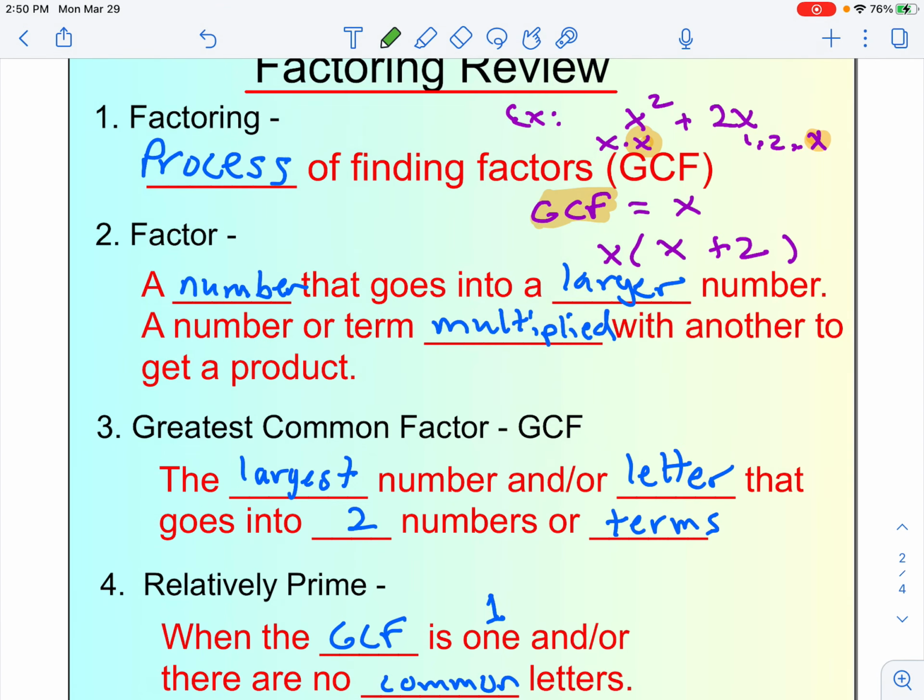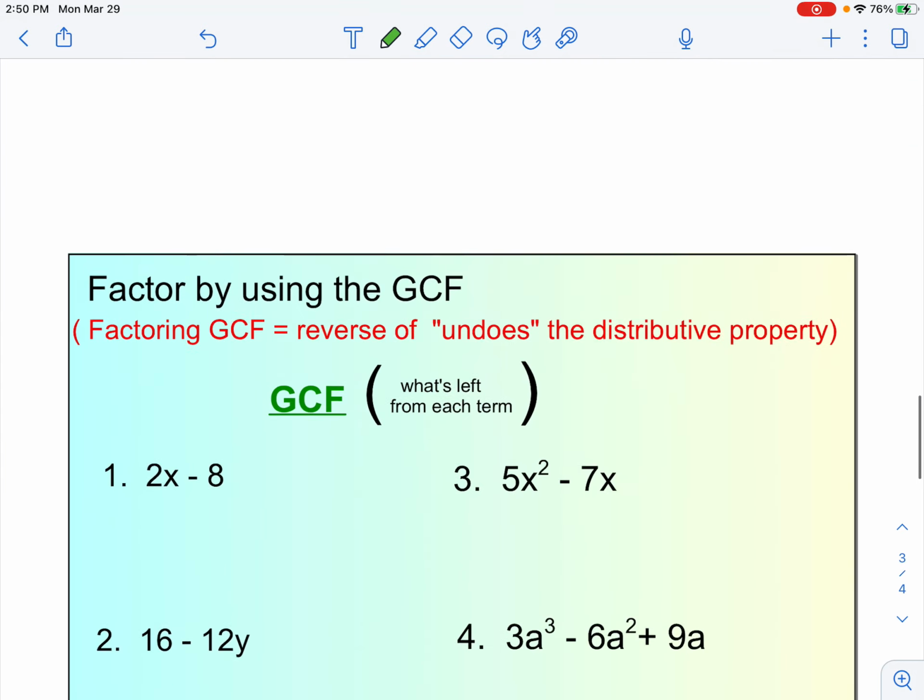So again, this x right here is a factor, and this x plus 2 right here is also a factor. And when we multiply them back together, a factor times a factor is equal to that product. Okay, hopefully that helps you remember what some of these things are.